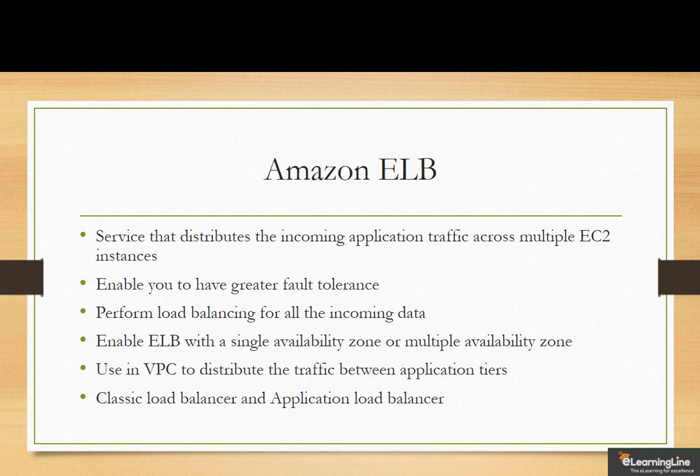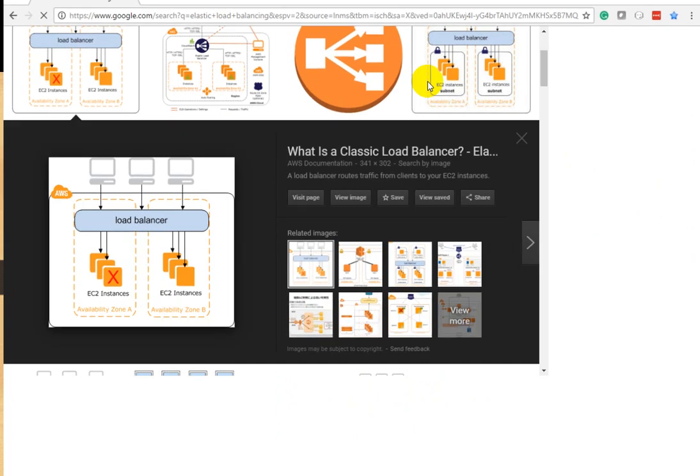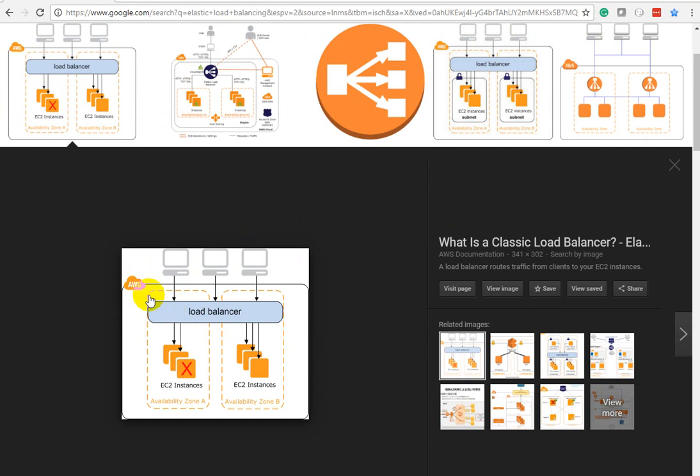Again, let's look at the architecture diagram for this, so that will clarify any doubts that you have. Okay, so let's look at this diagram. As you can see, this is your VPC where all your EC2 instances are stored. All the client computers are trying to access the website that is deployed in this EC2 instance.